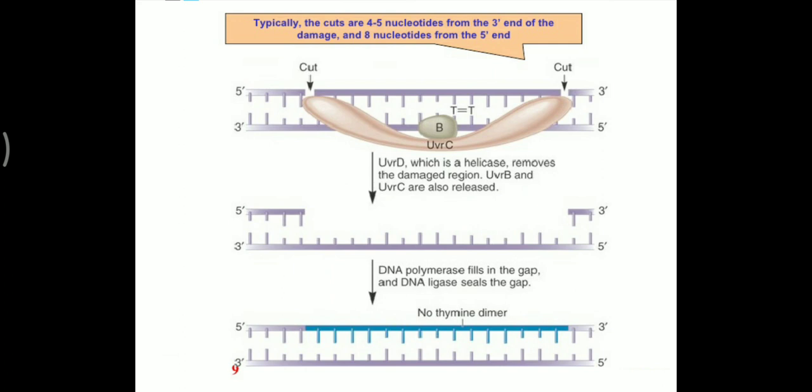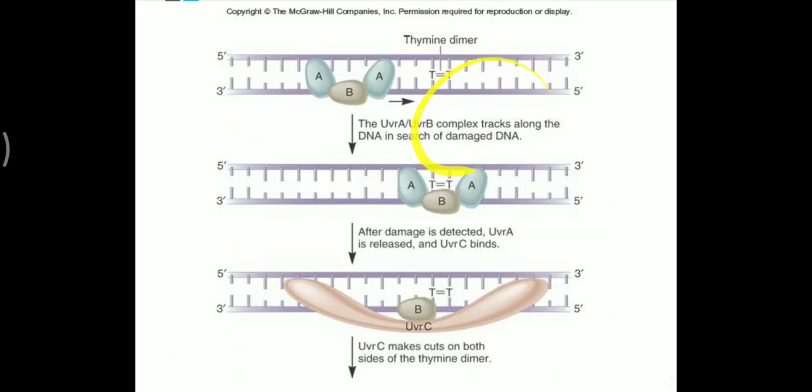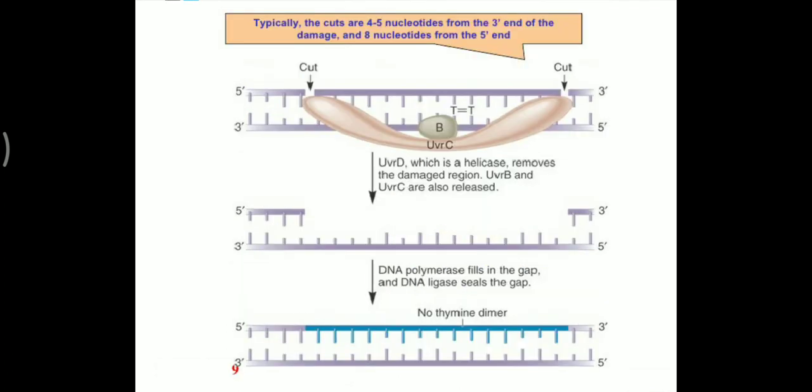After cleaving, the DNA strand segment having the pyrimidine dimer is removed with the help of UvrC.